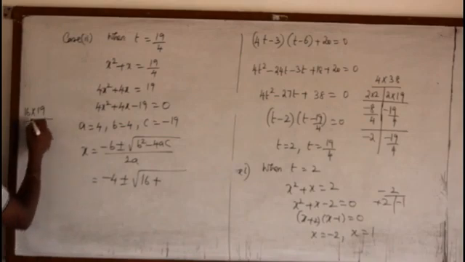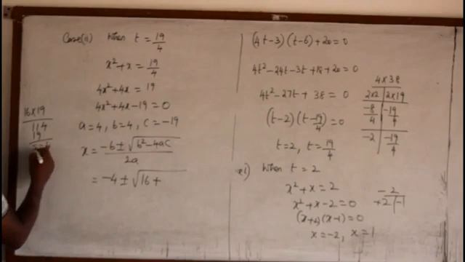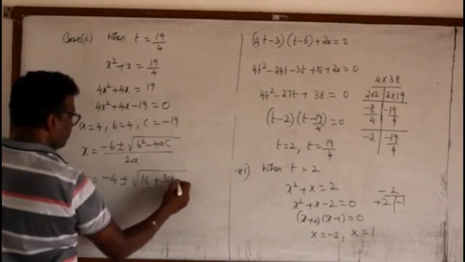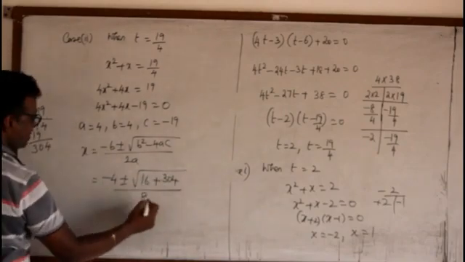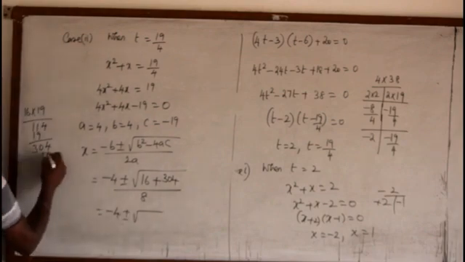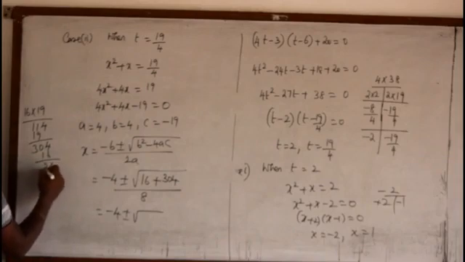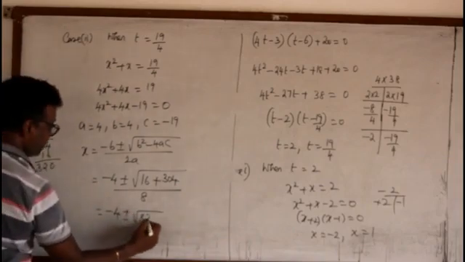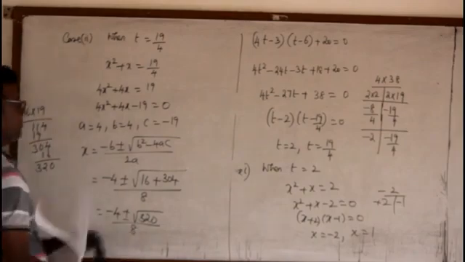So 304, root of 16 plus 304 is 320, by 2 4s are 8. It is minus 4 plus or minus root 320 by 8.